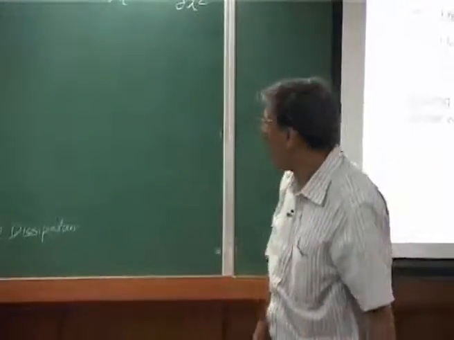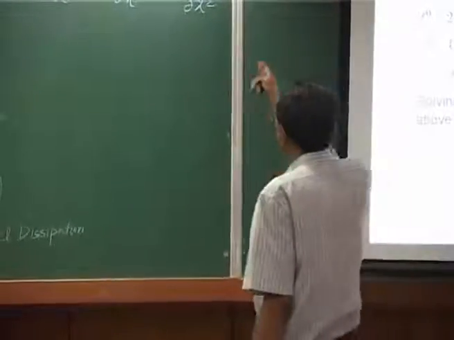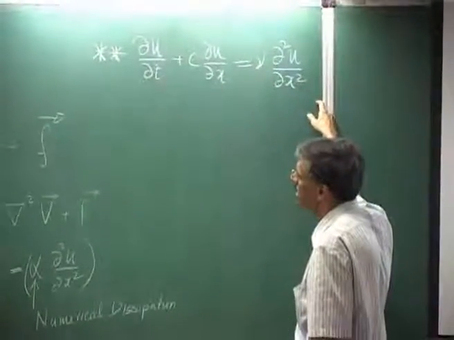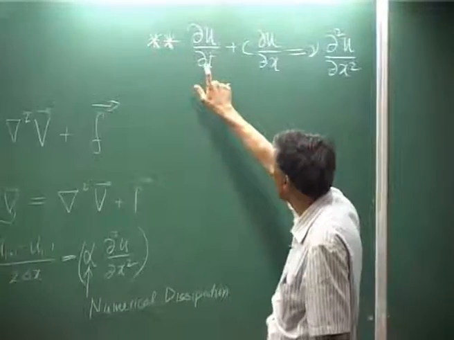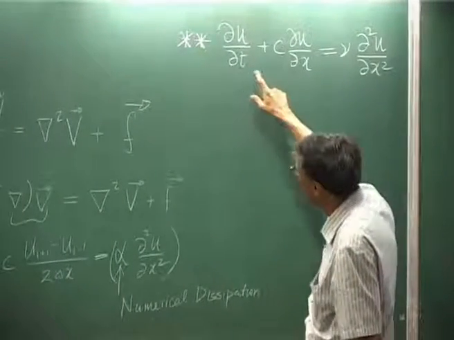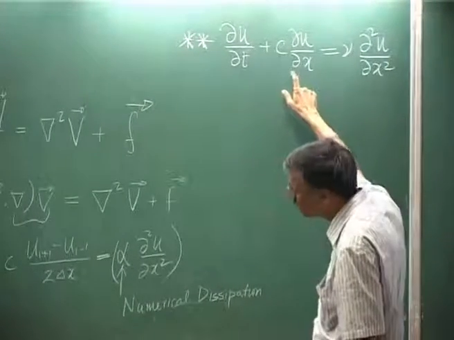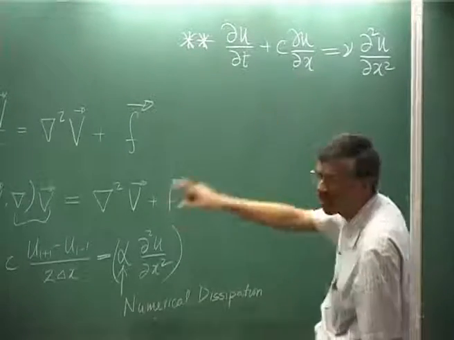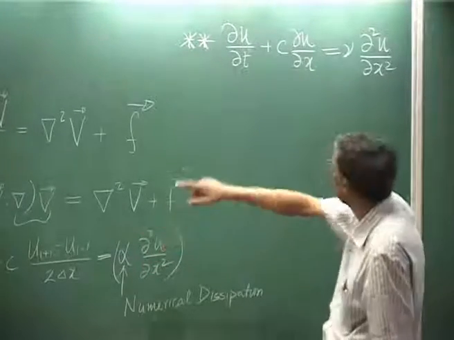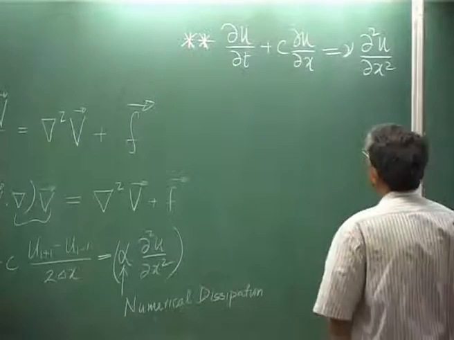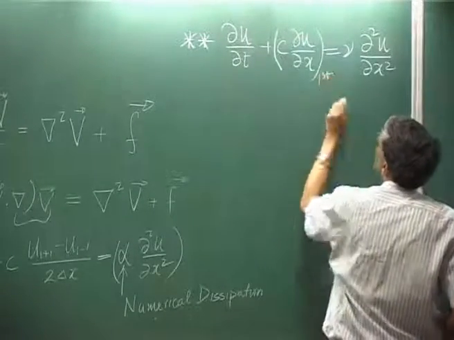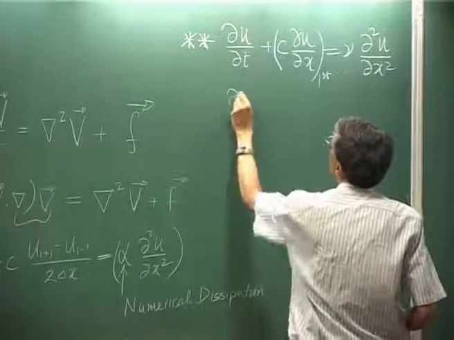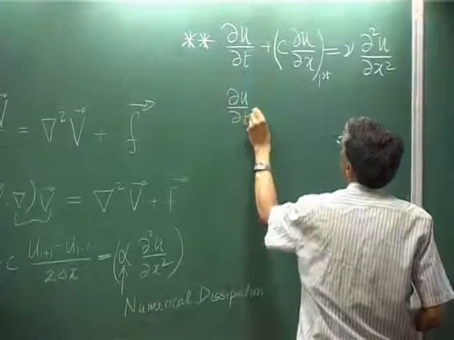Now, what happens is, if you are asked to solve this equation, if you again adopt the same kind of thing, Euler time integration here, and I decide to do first order upwinding, okay. Then if I do the first order upwinding, that would be equivalent to this.